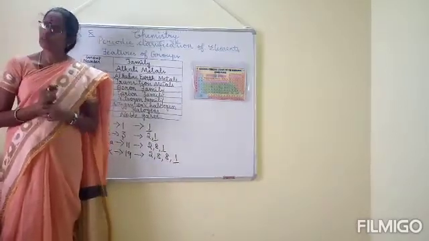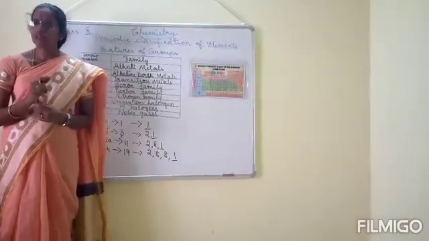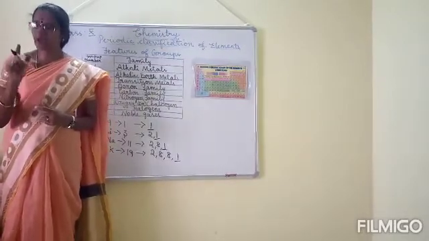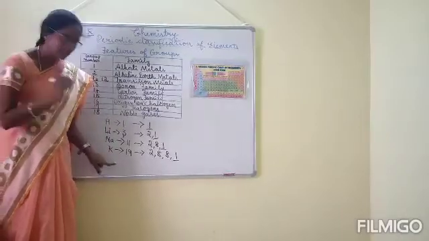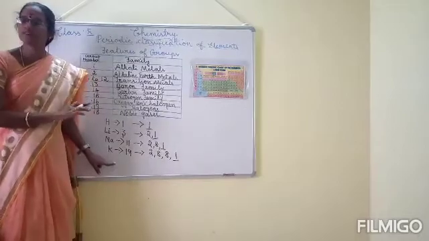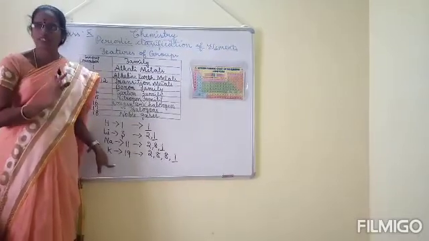Why do they have similar chemical properties? Because chemical properties depend on the number of valence electrons. That is why these elements have similar chemical properties.